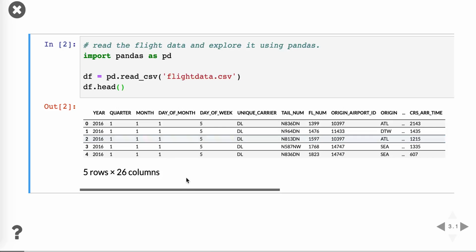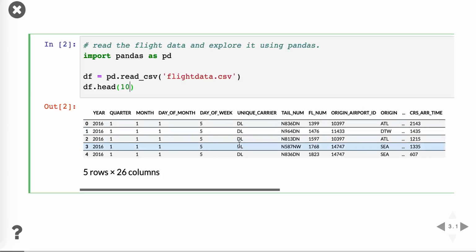Yes, we have a total of 26 columns, and I just displayed 5 rows because head displays the first 5 rows of our data set. If you want to display more than 5, you can put in whatever number you want, maybe 10 or 20.